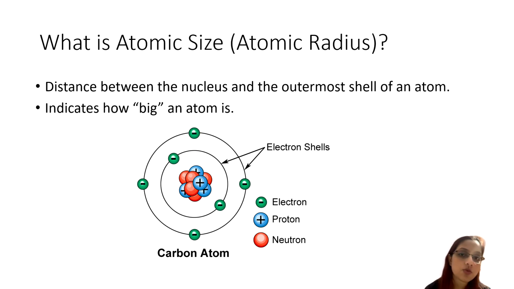That is the atomic size. But atomic size, as we have already talked about, cannot be measured directly because atoms are incredibly tiny, and instead we rely on experimental techniques that give us an idea of how large an atom is. Two widely used methods are spectroscopy and X-ray diffraction.